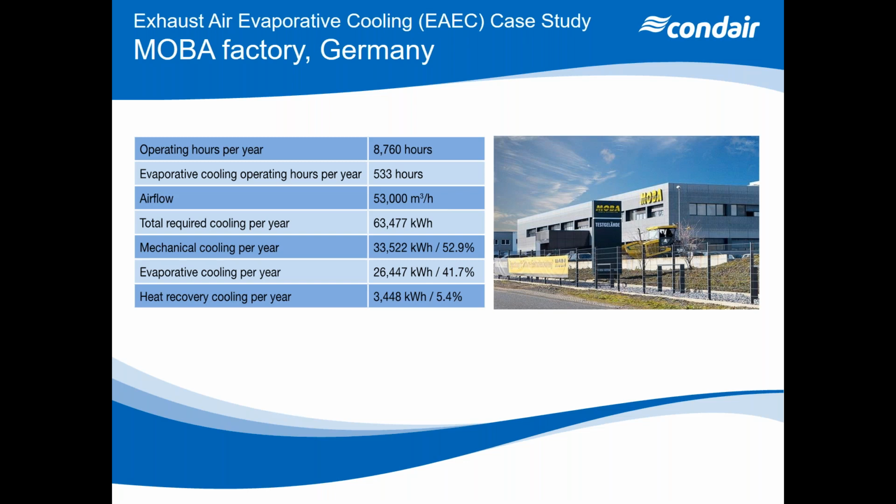But by splitting the cooling by some mechanical, some evaporative, and some little bit of heat recovery, we could do 26,447 kilowatts of the total cooling by the evaporative system. So that gave us a tremendous reduction in energy requirement.